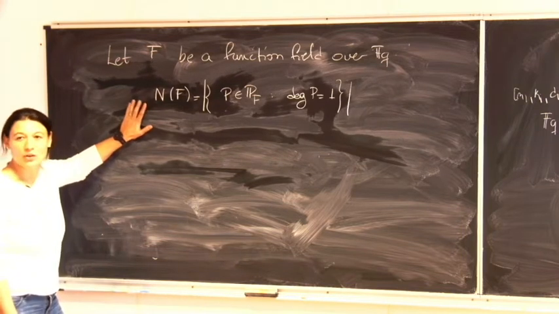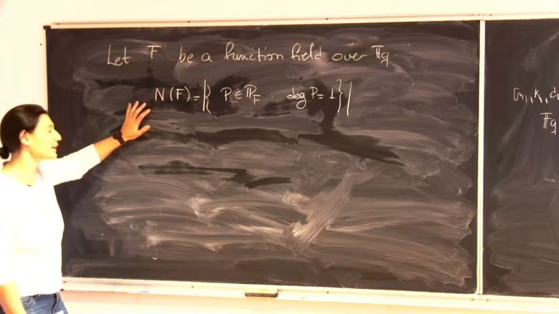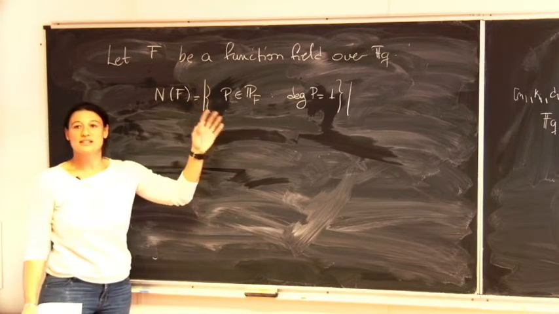Can I build really a lot of, can I have a lot of rational places here?